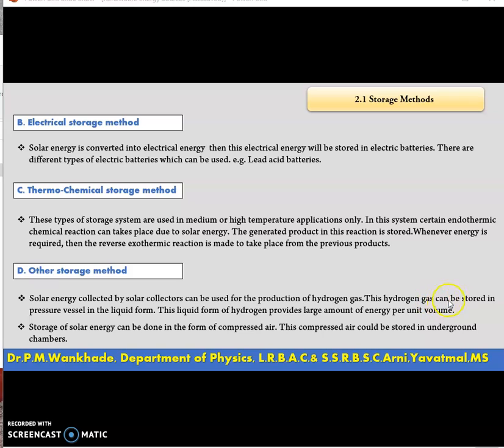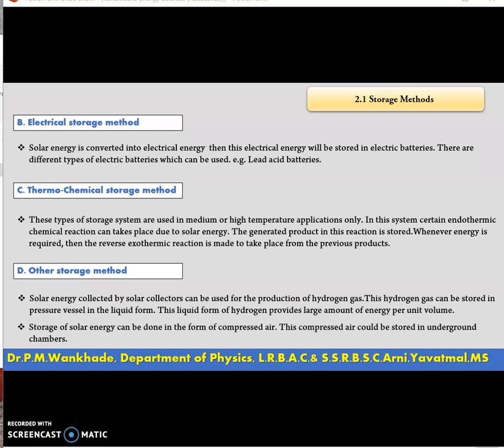This hydrogen gas can be stored in pressure vessel in liquid form, that is in cryogenic container. This liquid form of hydrogen provides large amount of energy per unit volume and is used as a fuel.